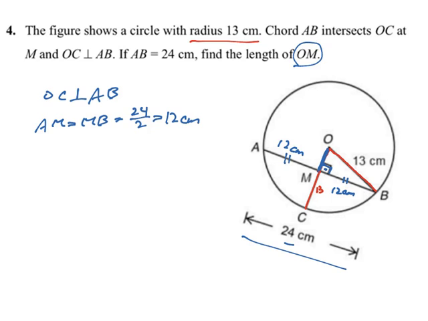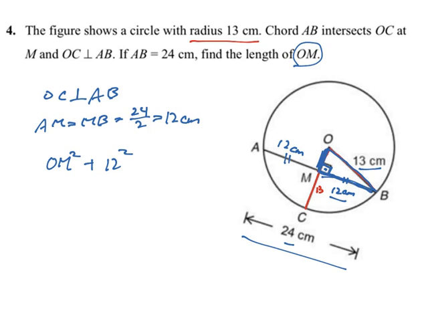After we get 12, then we can consider this triangle. We know this length is 13, we know this length is 12. Then how to find this? It is a right angle triangle. So it is Pythagoras. Yes, we'll use Pythagoras theorem. So OM square, this one square, plus 12 square. Now these two lengths are next to the right angle.